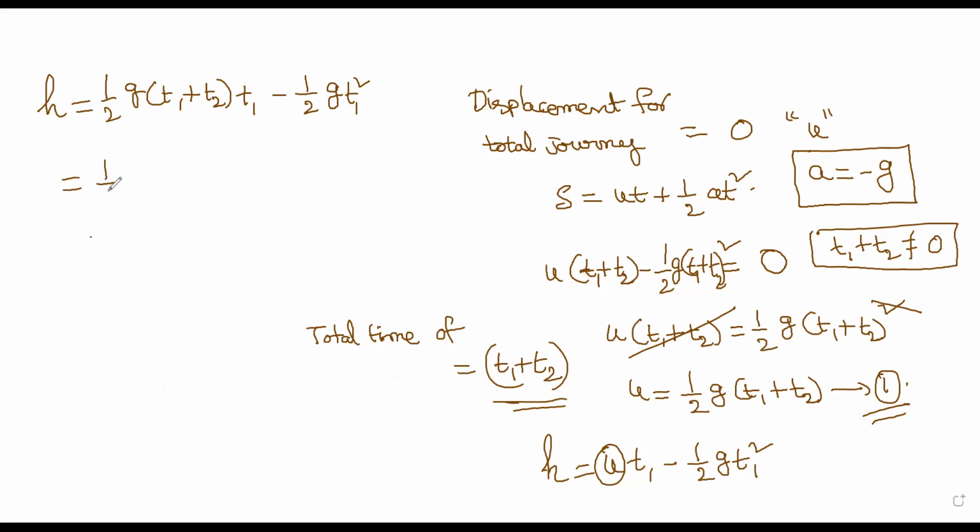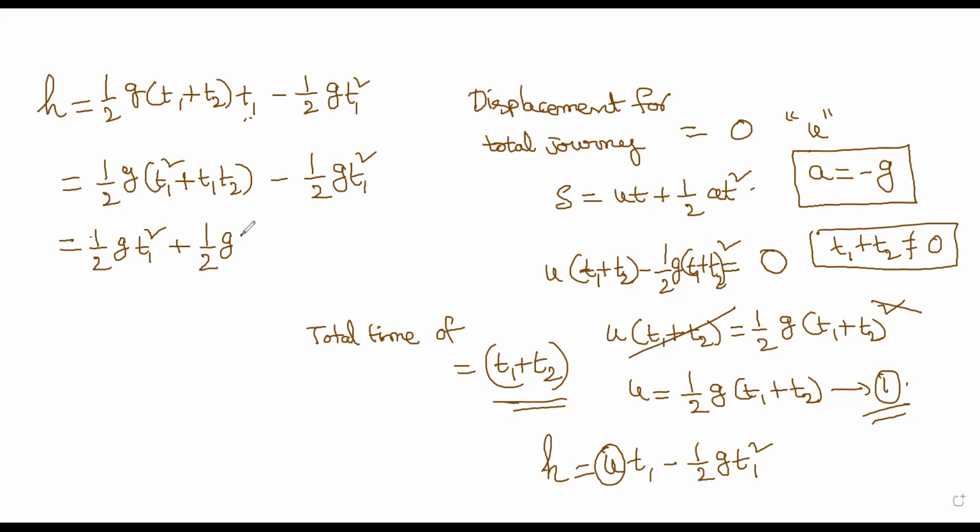You have half g t1 into t1, so multiplying, half g t1 square plus half g t1 t2, minus half g t1 square. Half g t1 square is cancelled. So the height it reached is half g t1 t2. That's the answer for you.